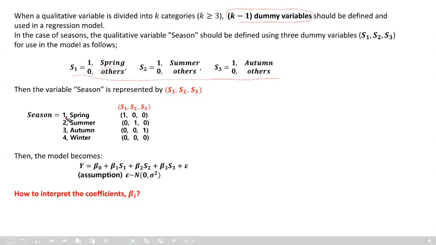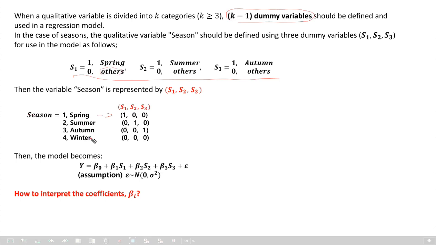Season: spring 1, summer 2, autumn 3, winter 4. It's going to be changed like this by S1, S2, S3. What is it for spring? S1 is 1, S2 is 0, S3 is 0. For summer, S1 is 0, S2 is 1, S3 is 0.